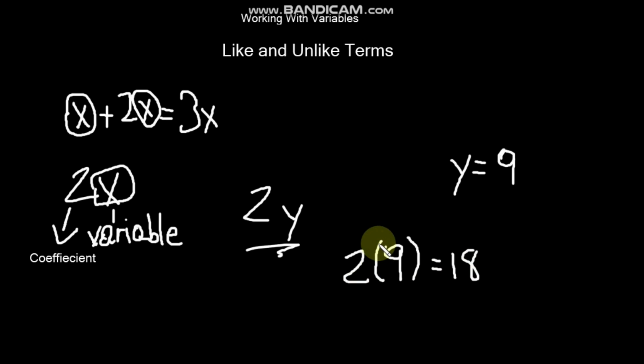So the conclusion is that coefficients are always multiplied by the variable if we finally get the answer.